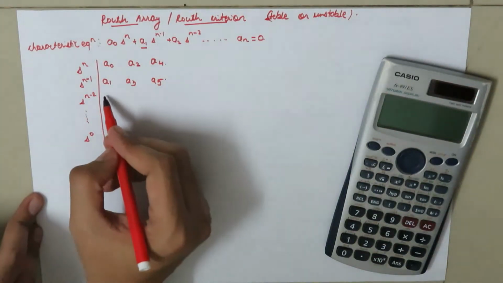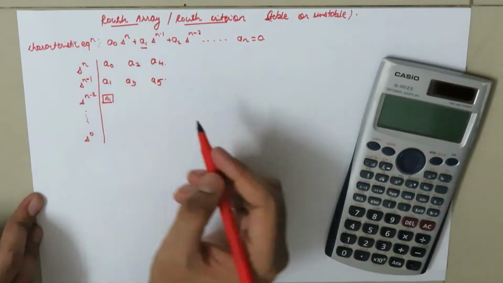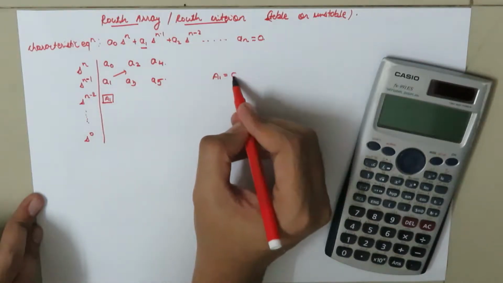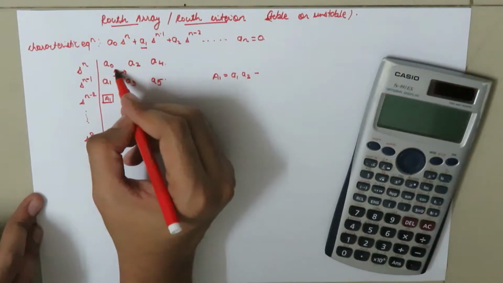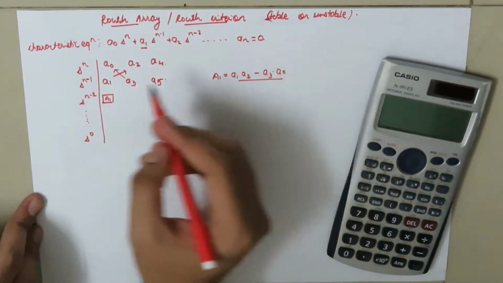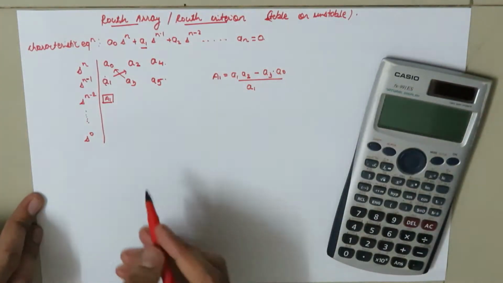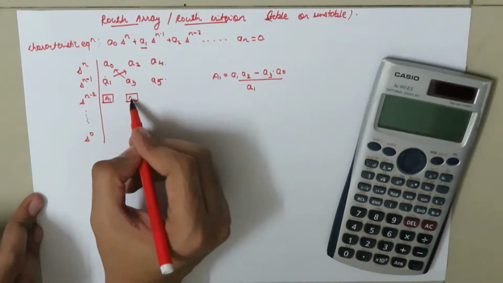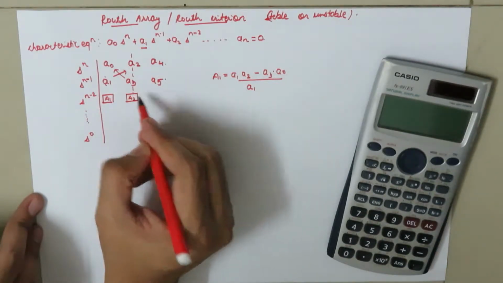And now we need to find this element. Let's say this element is capital A1, so A1 will be equal to small a1 multiplied by small a2 minus a3 into a naught, divided by the first element in this row, so this will be a1. And in order to find this element, let's say capital A2, we delete this particular column for the time being.